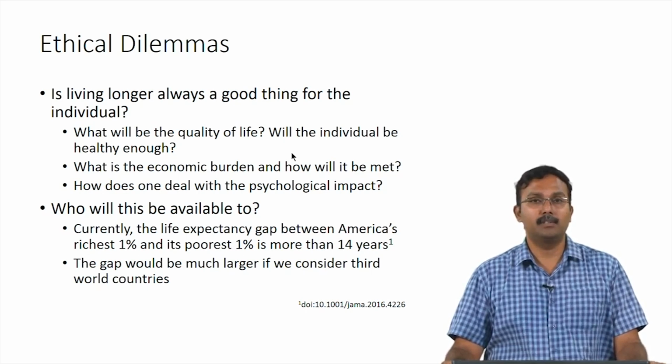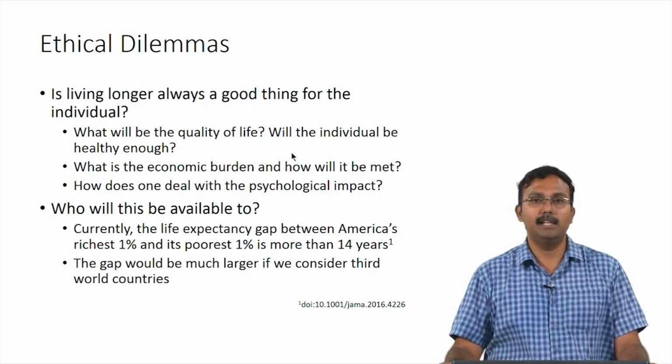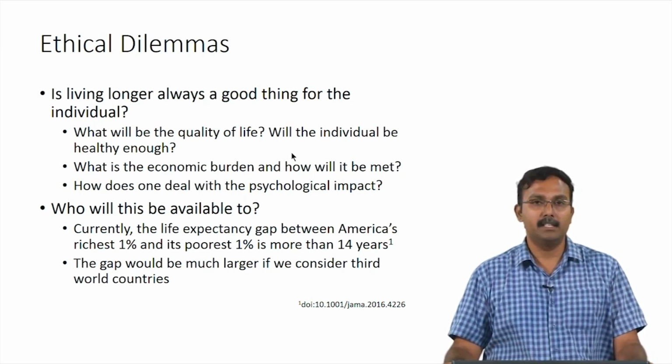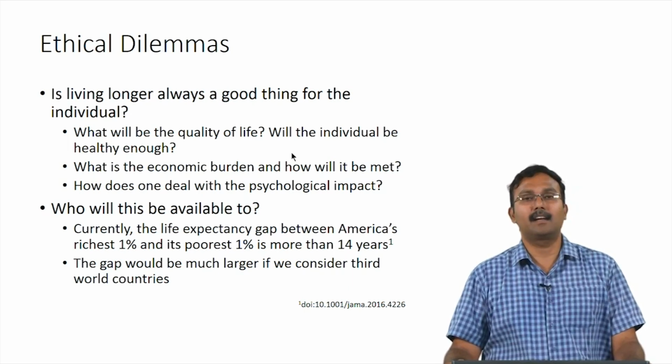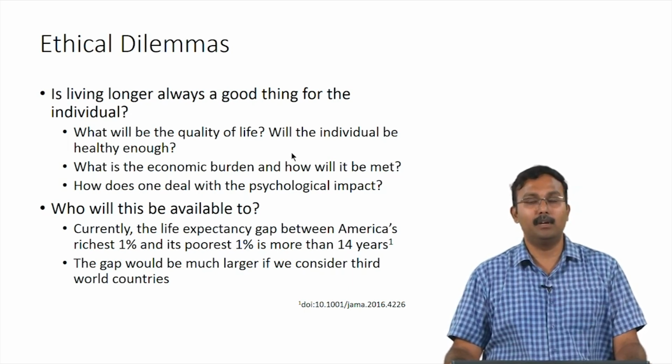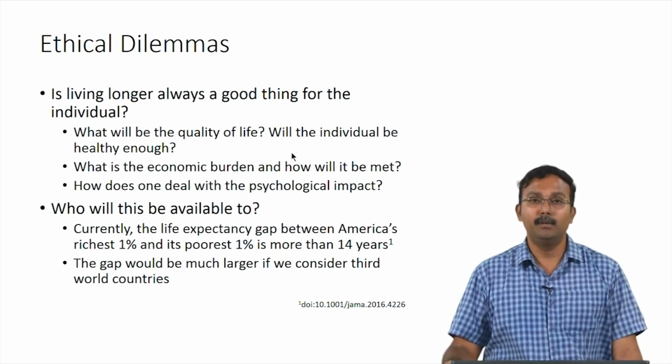If you are going to compare the life expectancy of the top 1% of the US with a third world country, the gap will be way larger. Is this something we want? Do we really want a society where only the elites get to live on while the others perish? Is that the kind of society where you would want one to live? Where do we draw the line?